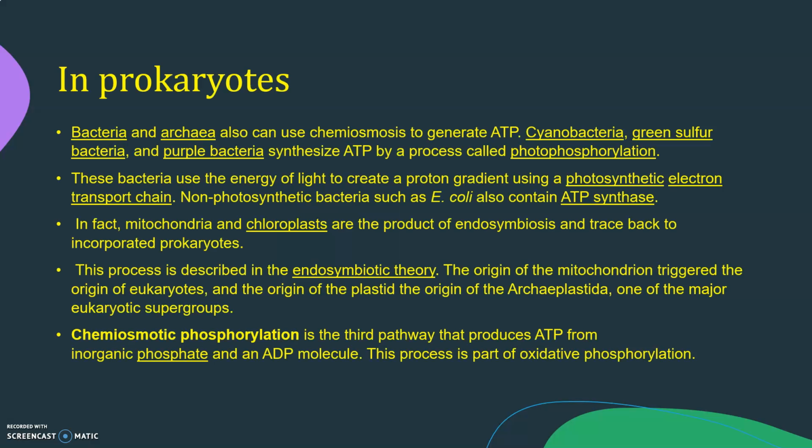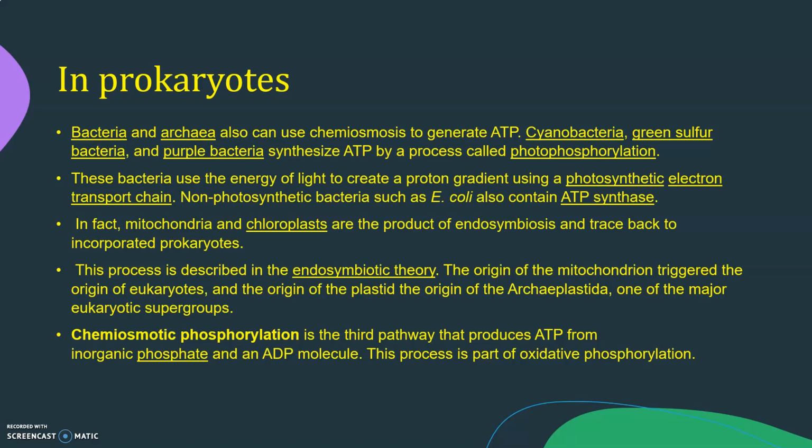So what happens in prokaryotes? How does this chemiosmotic mechanism of ATP synthesis occur? Bacteria and archaea can use chemiosmosis to generate ATP, as we have already discussed. Cyanobacteria, green sulfur bacteria and purple bacteria come under bacteria.